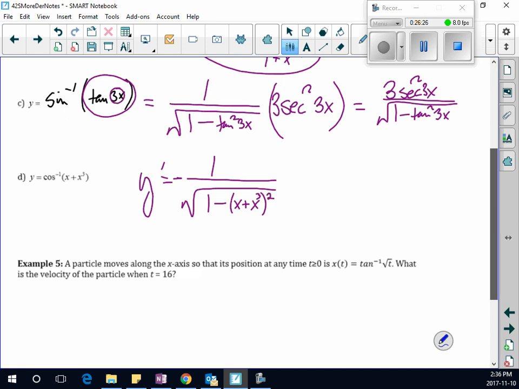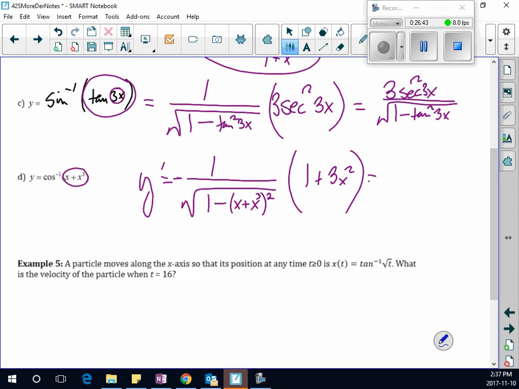Negative 1. Isn't it 1 plus 3x squared? That's not a chain. That's 1.